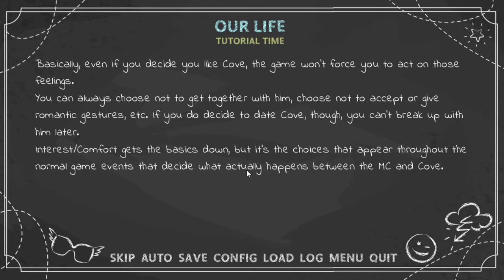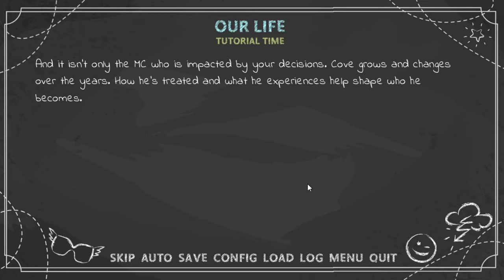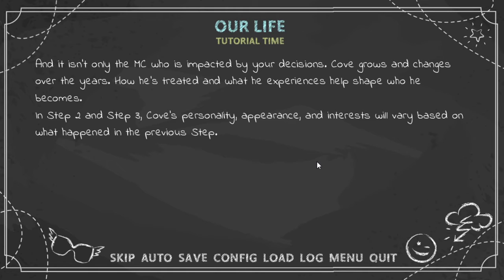Interest comfort gets the basics down, but it's the choices that appear throughout the normal game events that decide what actually happens between the MC and Cove. And it isn't only the MC who is impacted by your decisions. Cove grows and changes over the years. How he's treated and what he experiences help shape who he becomes. In step 2 and 3, Cove's personality, appearance, and interests will vary based on what happened in the previous step.